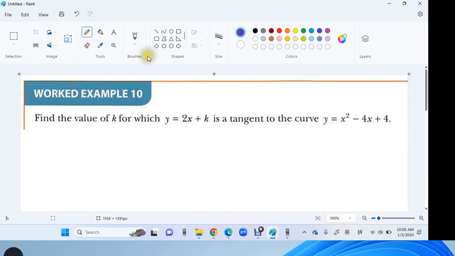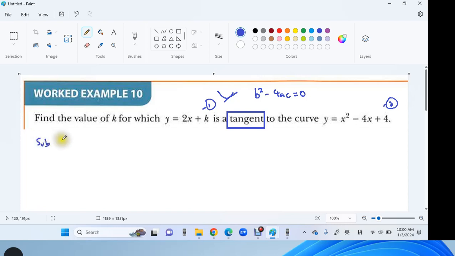So we look at example number 10. Find the value of k for which y equals 2x plus k is a tangent to the curve. Tangent, like I said before, means they touch at one point only, so b squared minus 4ac is equal to 0. This is equation 1, this is equation 2.